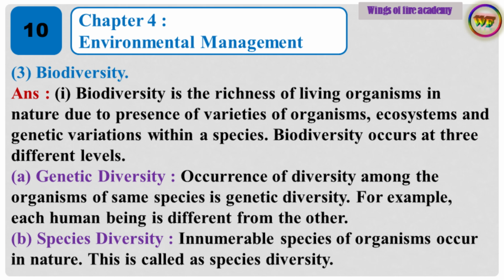Section A. Genetic diversity. Occurrence of diversity among the organisms of the same species is genetic diversity. For example, each human being is different from the other. Section B. Species diversity. Innumerable species of organisms occur in nature. This is called species diversity.